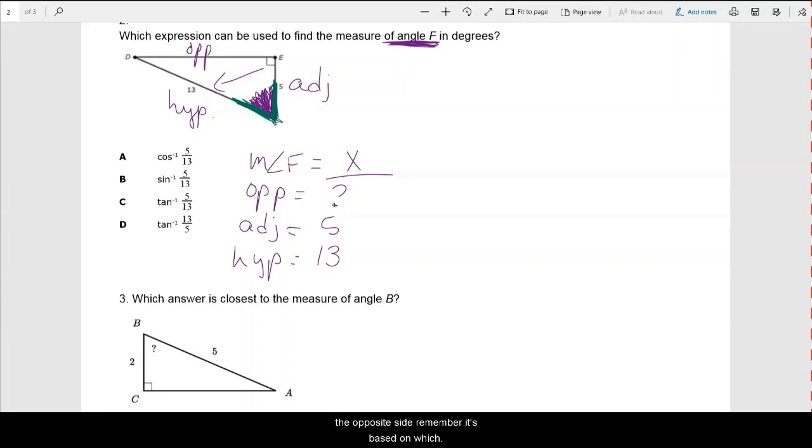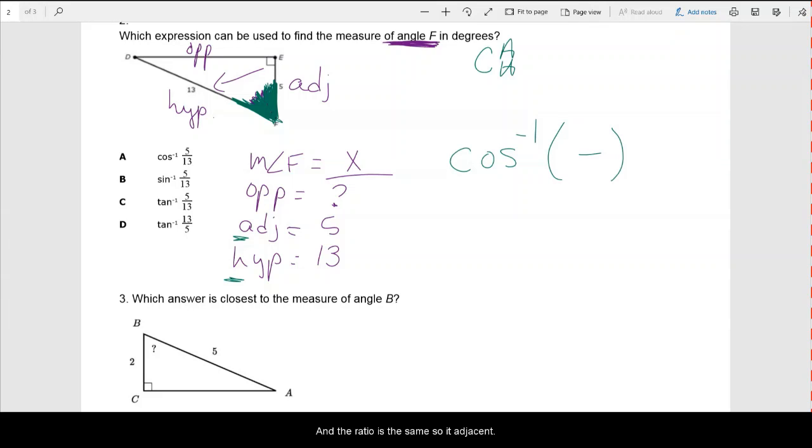Remember, it's based on which angle you are focusing on. Now we're focusing on angle F, so we have adjacent and hypotenuse. Adjacent and hypotenuse go with cosine, so we are doing the cosine of angle F. We know we're looking for an angle, so we're going to default to inverse trigonometry.